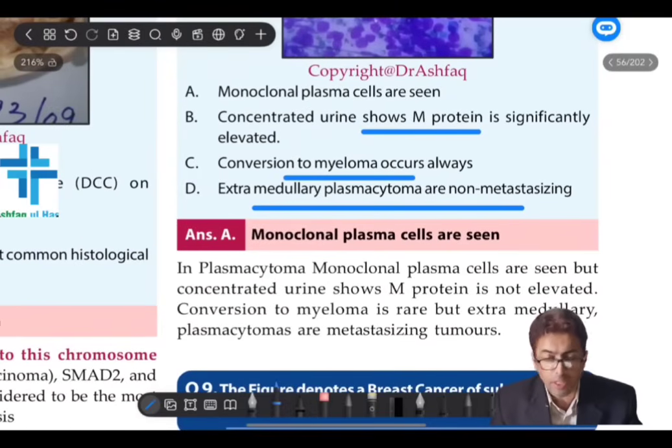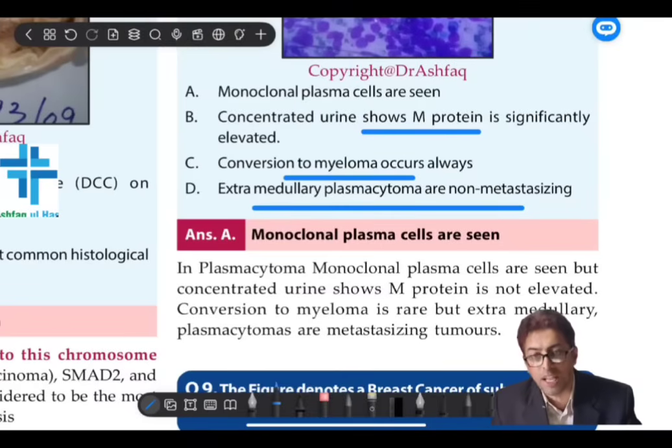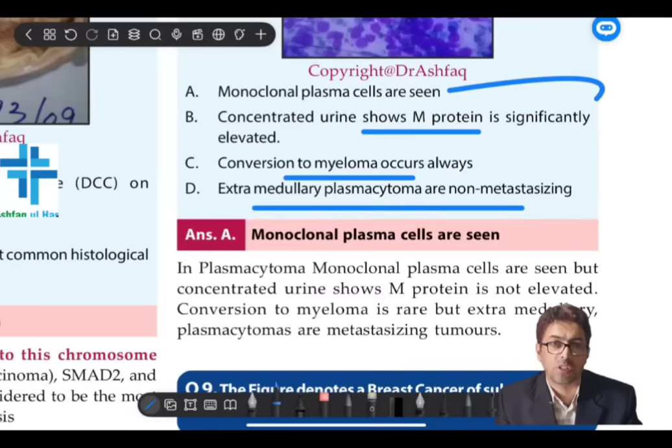In most cases of plasmacytoma, M protein is not significantly elevated. The conversion to myeloma does not occur in all the cases, and extramedullary plasmacytomas are usually metastasizing. So you have to pick the most correct answer, which is option A, monoclonal plasma cells are seen. That is very important.